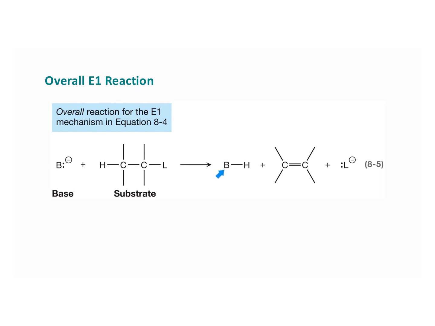Then what we would have or isolate when we were done would be the protonated base, the double bond, and then the leaving group here, okay? Notice again, the carbocation intermediate of the E1 mechanism doesn't appear here because it's an intermediate, so it's not going to show up in the overall reaction. That should be the thing that you canceled out when you were putting your two elementary steps together.